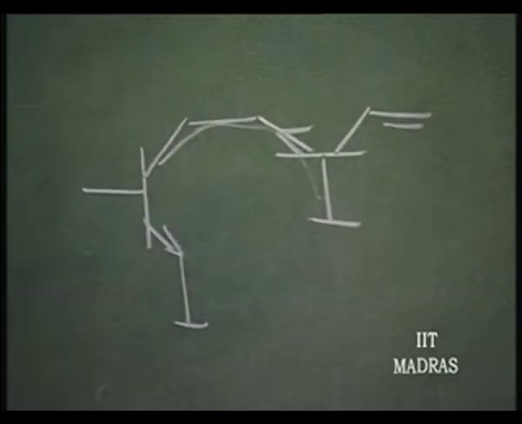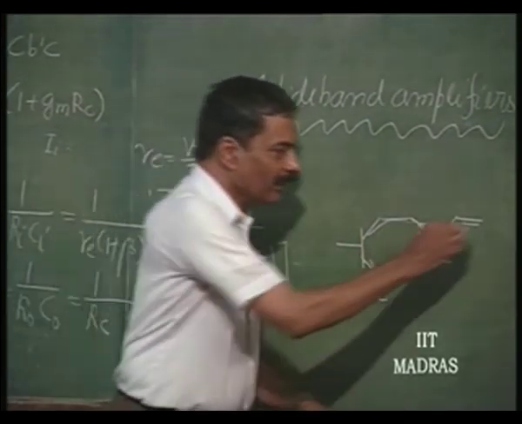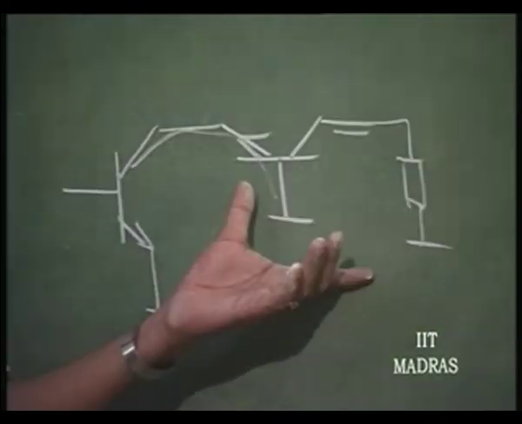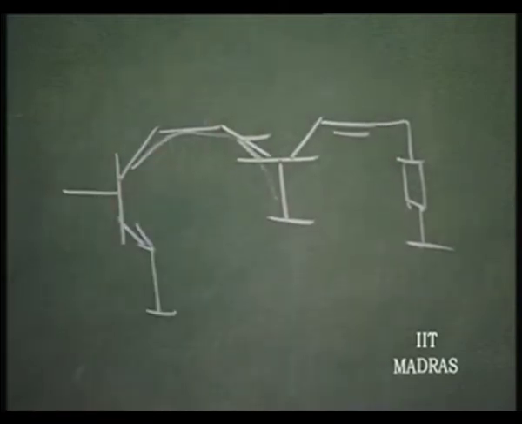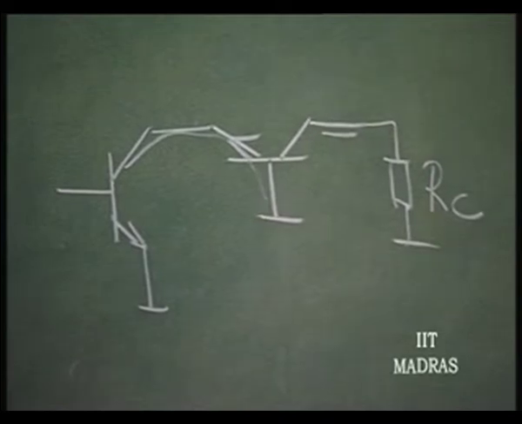So, there is no difference as far as low frequency picture is concerned, because this current is going to be same as this current, and I can put R C here, because the common base has a current gain of 1. So, as far as I am concerned, nothing has happened for the low frequency performance.